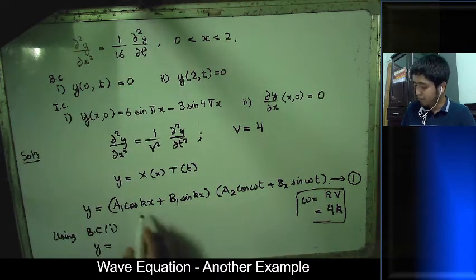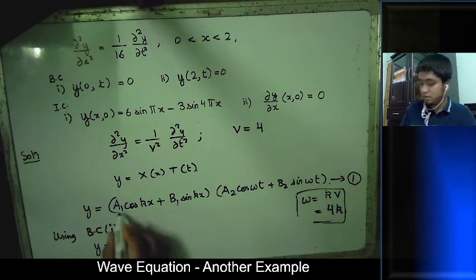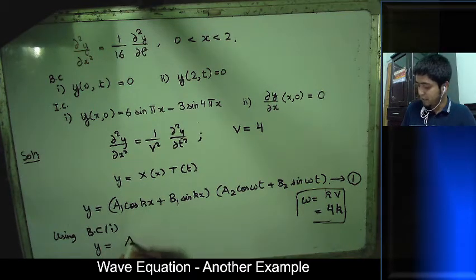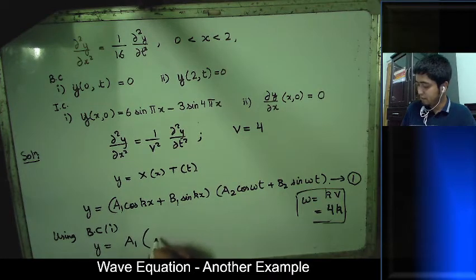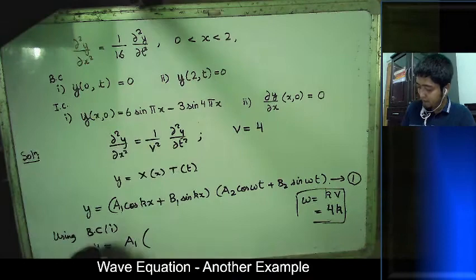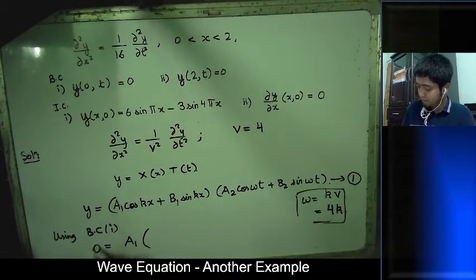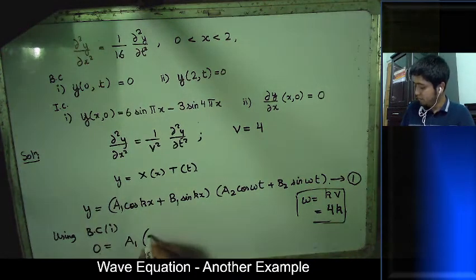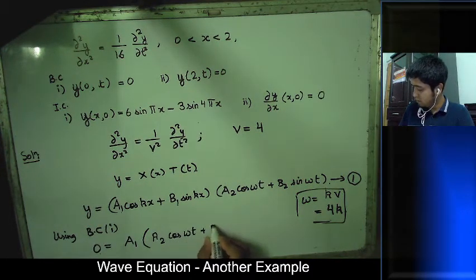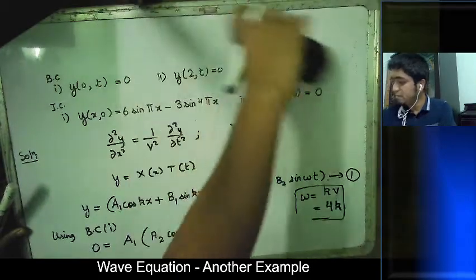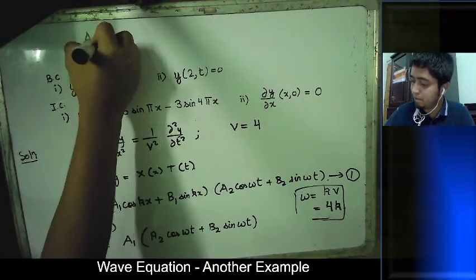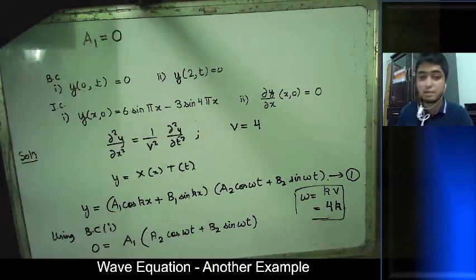So you'll be getting y at x equal to 0, so cos 0 is 1, so you'll get a1, sin 0 is 0, so this term becomes 0, and the value of y is 0. Upon simplifying, you will get that the value of a1 is equal to 0.